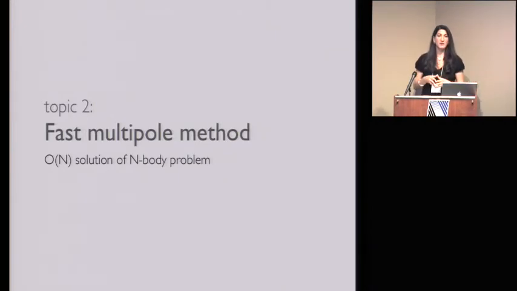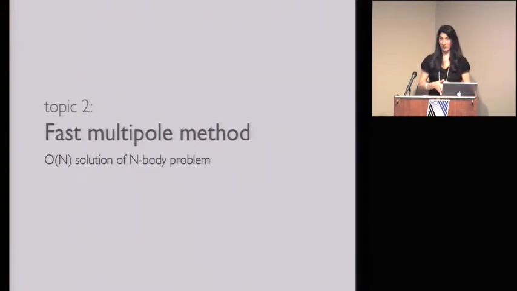So now let me concentrate on the presentation of the fast multipole method, which is this algorithm that is being used to compute the bioelectrostatics problem in the continuum approximation with a boundary element representation with order n complexity. As I said, the boundary element representation results in a dense matrix vector multiplication. That would be order n squared.